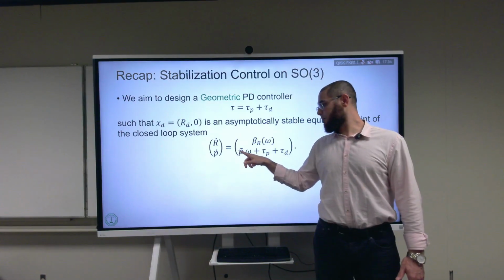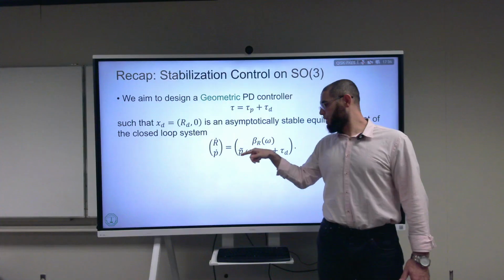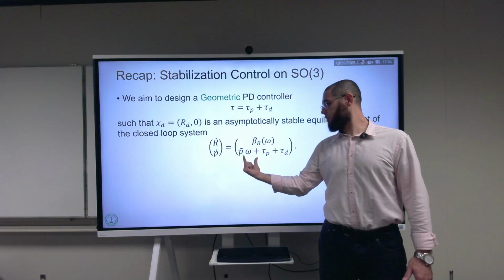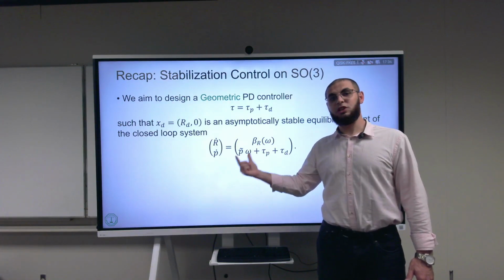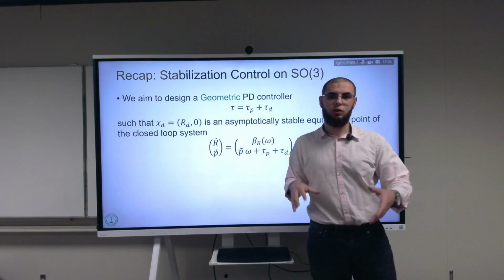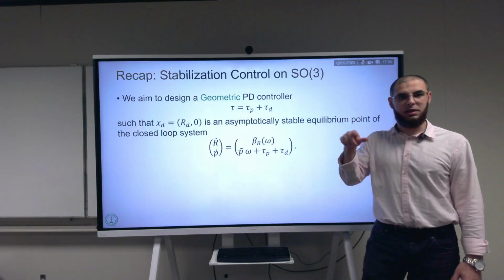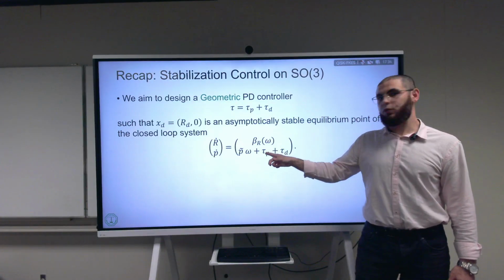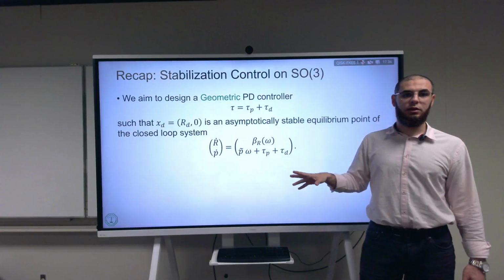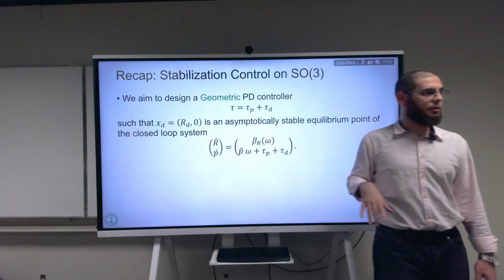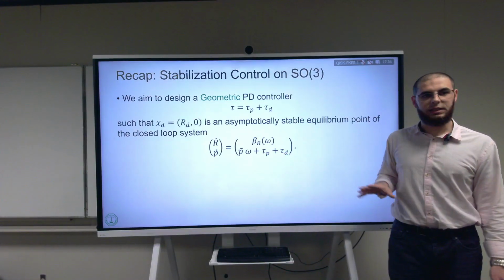It has a P cross J inverse P term. So it's nonlinear because it's quadratic in P. The torque we're going to be designing for the proportional part will be nonlinear, and thus this is a nonlinear map in general. Make sense?